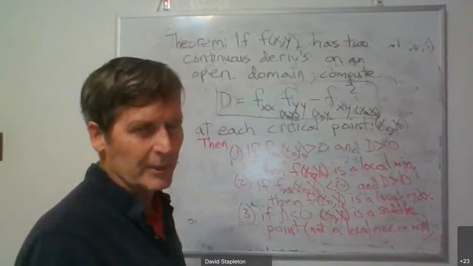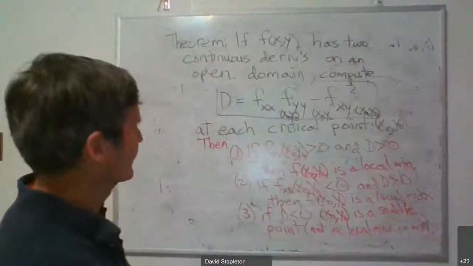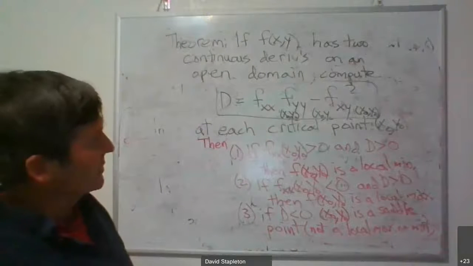Because remember, saddle point means it comes up in some directions and down in others. There's the second derivative test for functions of two variables.